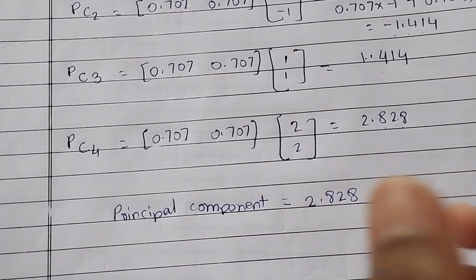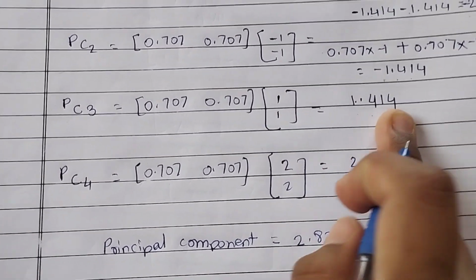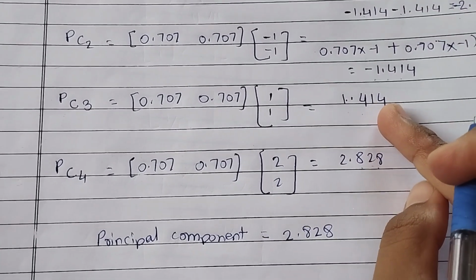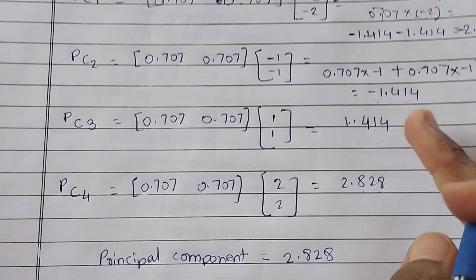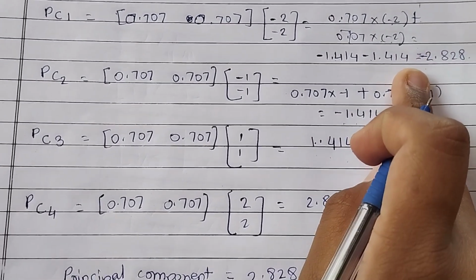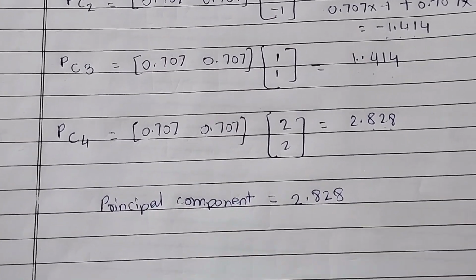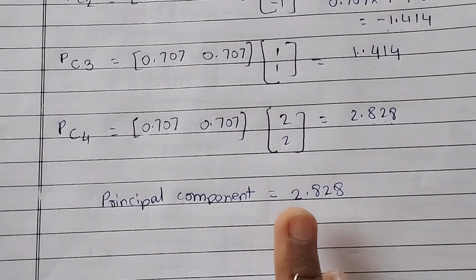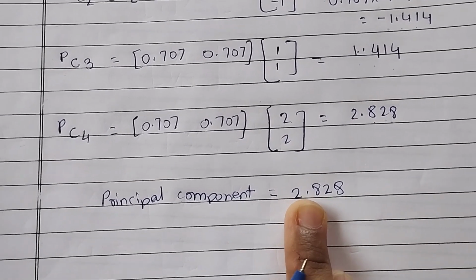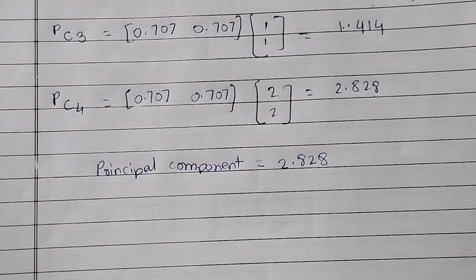If 2 principal components are asked, then 1.414 is the next greater value. If 3, then the next greater value is this, and the next greater value is this. So now I suggest only one principal component, which is 2.828. So this is the final principal component.